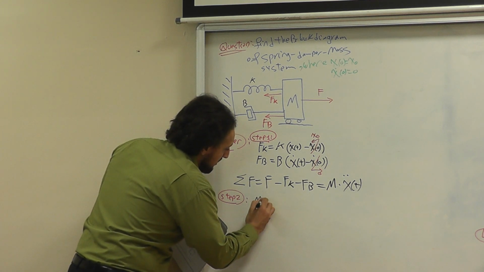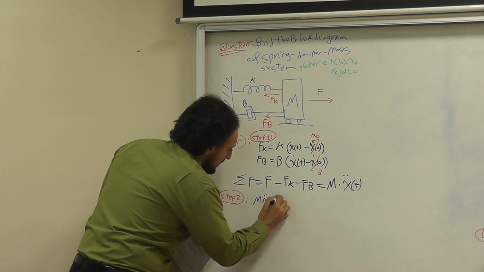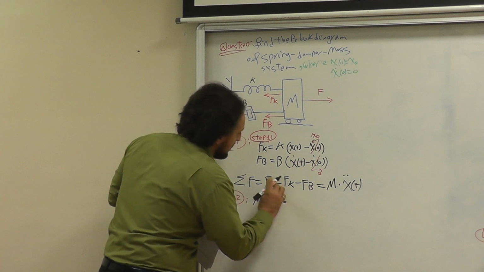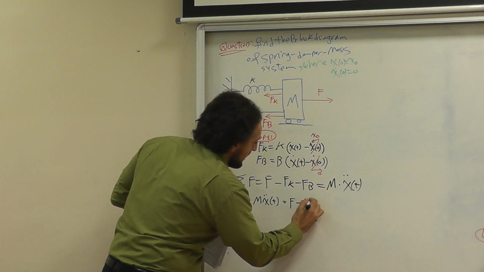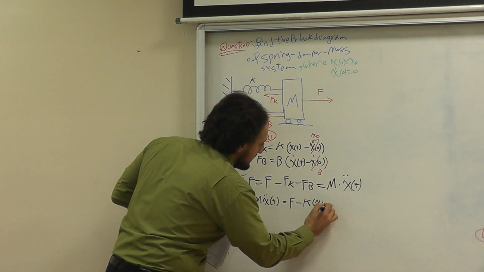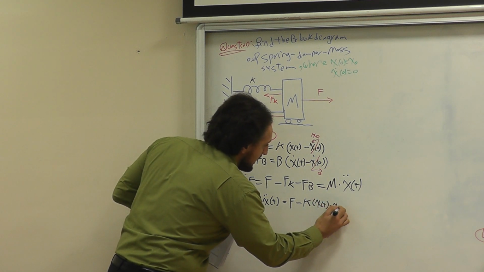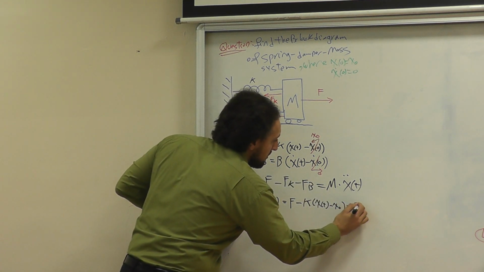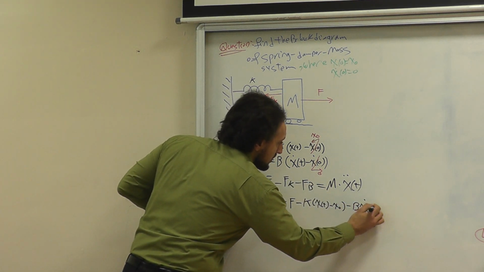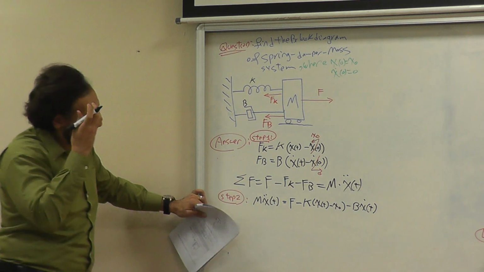This m x double dot t equal to F minus k (x t minus x0) minus b x dot t, right?